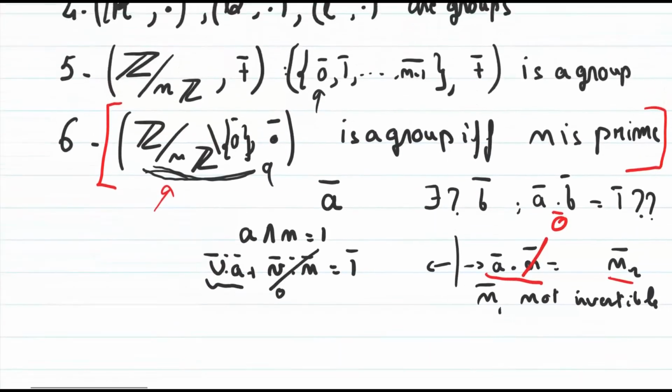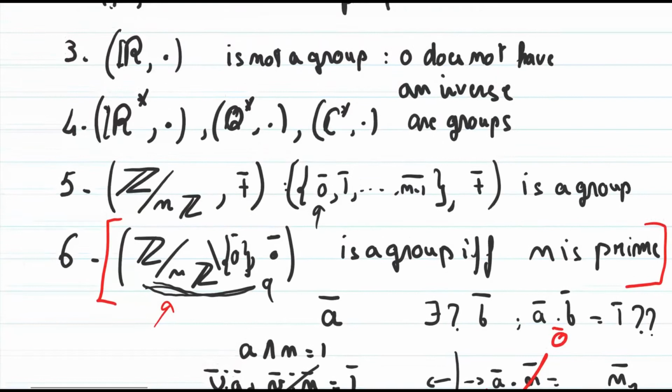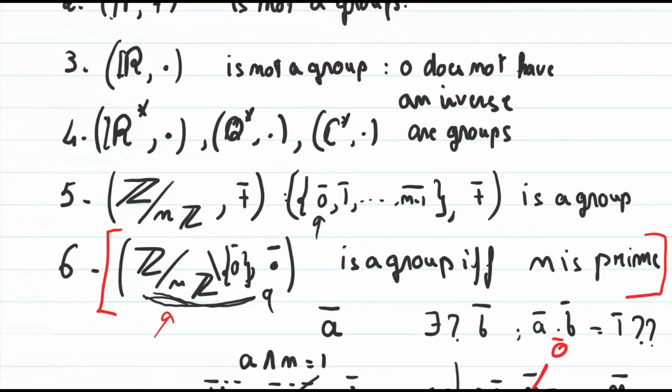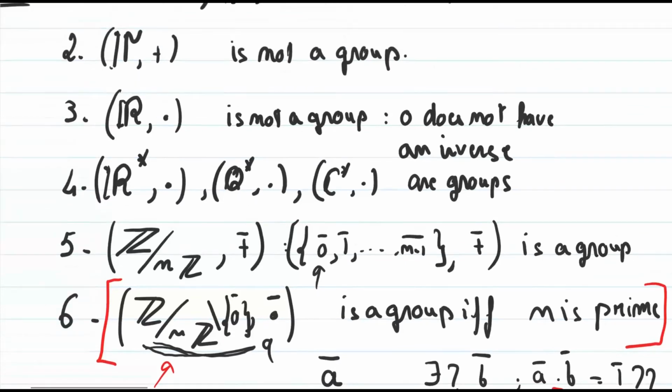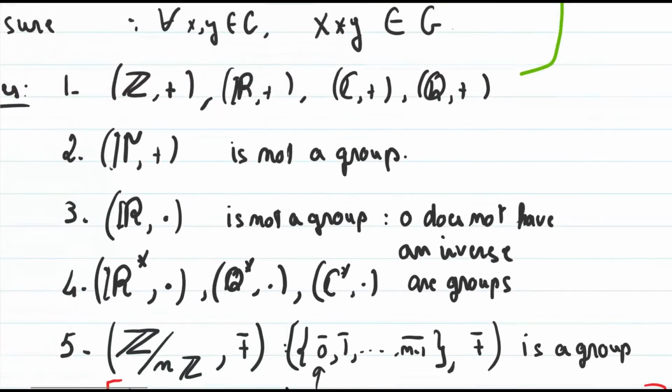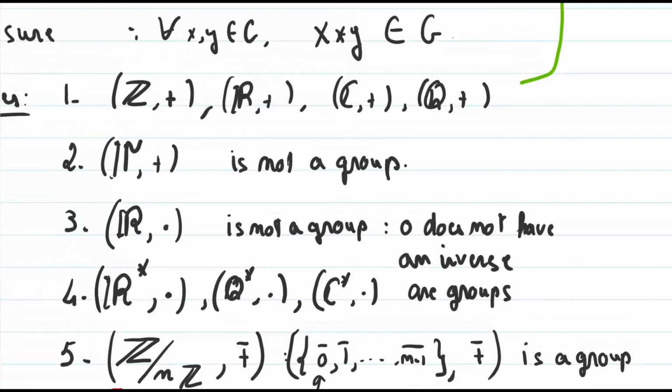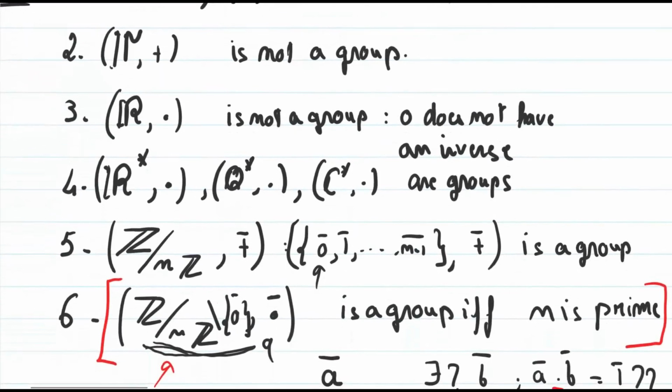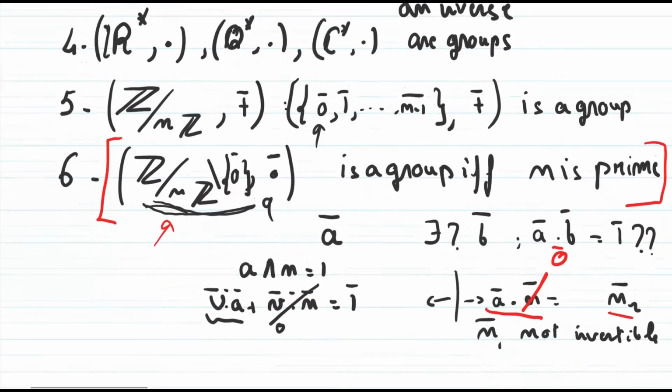So all the groups I said so far are also abelian groups, like x times y is y times x, or x plus y is y plus x. So the star in each of these cases is an abelian operation, a commutative operation.